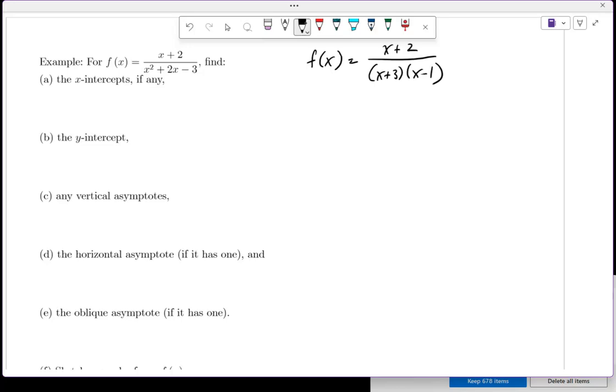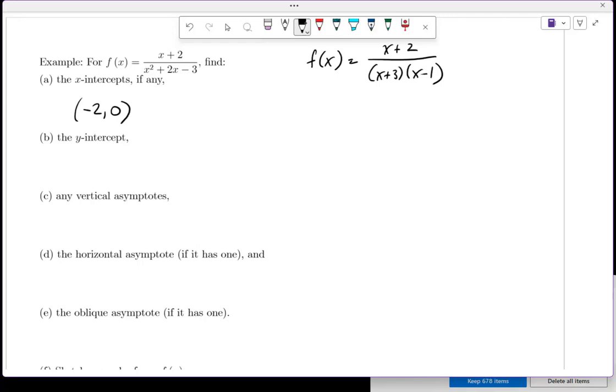All right. So, the first question asks you, what are the x-intercepts? What do you look at for the x-intercepts? The numerator, right? When is the numerator 0? So the x-intercept is (-2, 0), right?